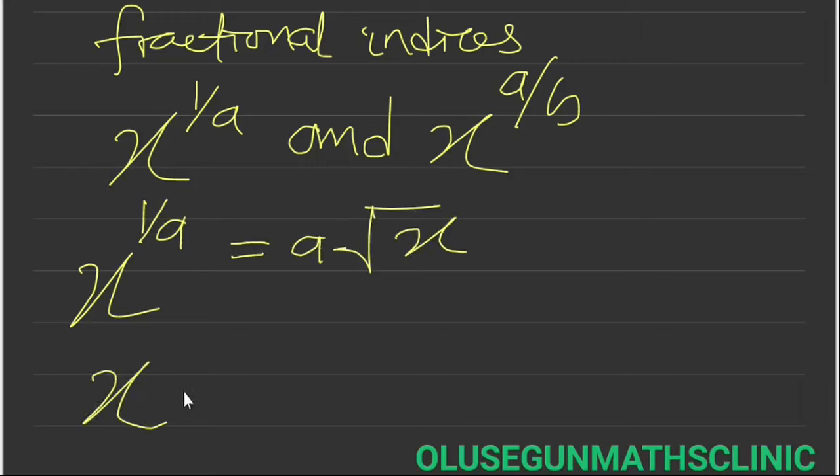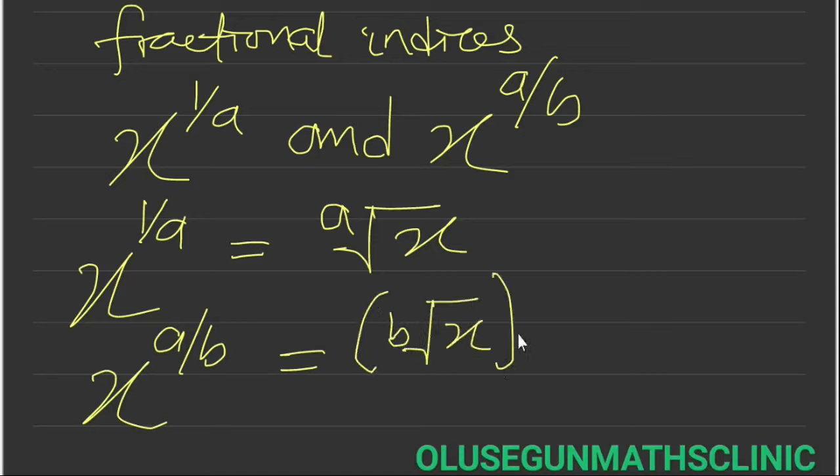Now, x raised to power a over b means that b is the denominator, so you write this in the form of the b-th root of x, whole raised to power a. This is just the meaning of this formula, and this is how to use it.